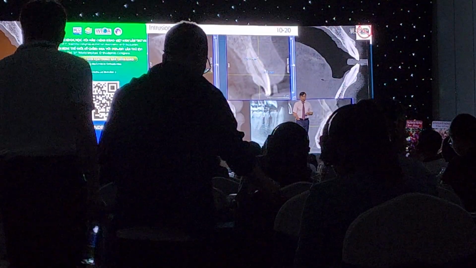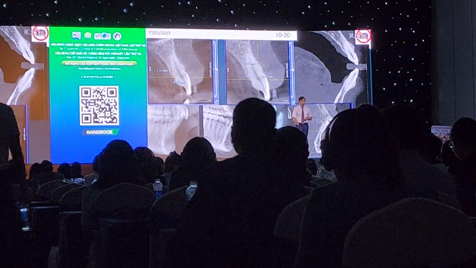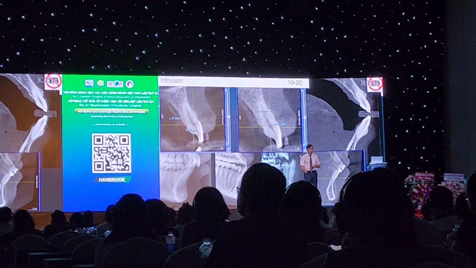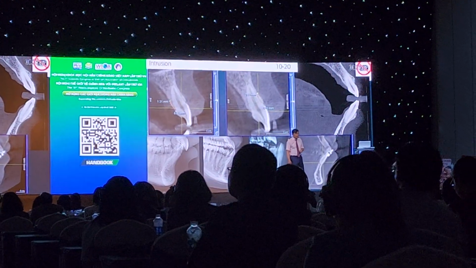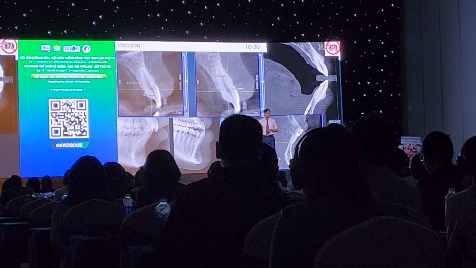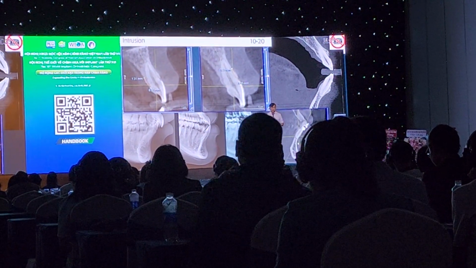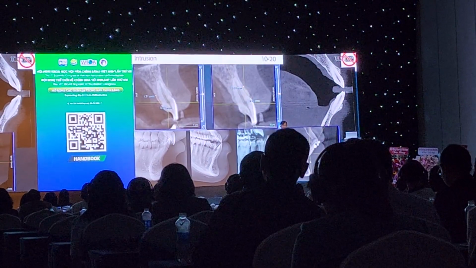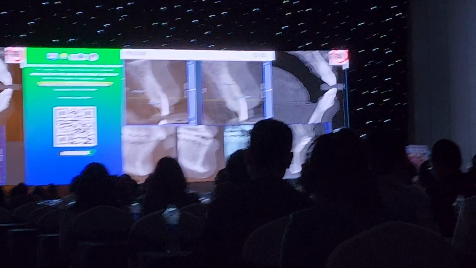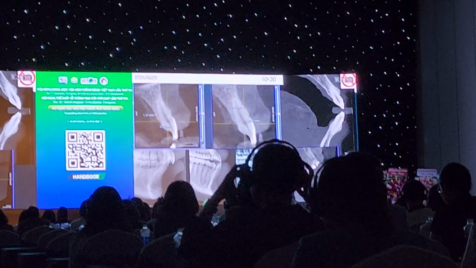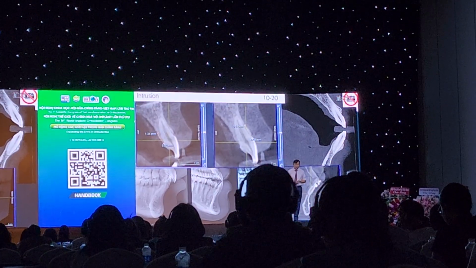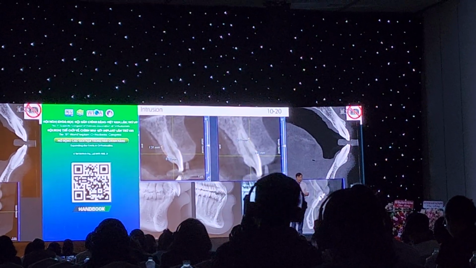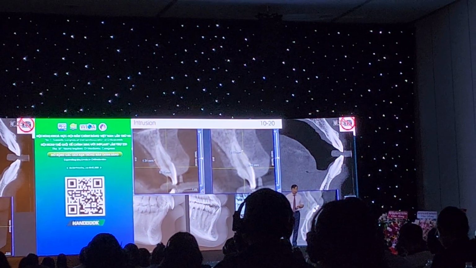Sometimes we can see the palatal cortical bone is very dense and very thick. Sometimes we can see the cortical bone stick together. And in this case, how can we intrude the teeth? It's not easy. In this case, how can we distalize the teeth?